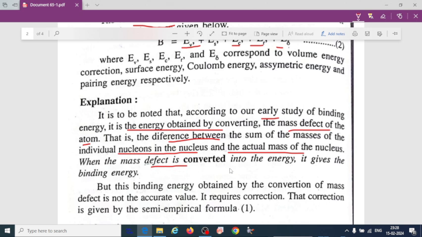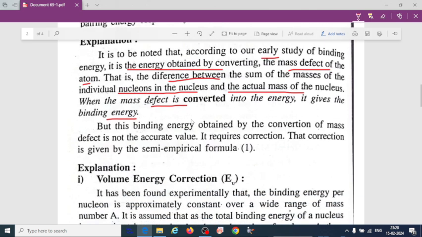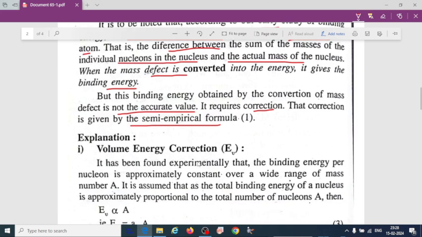When the mass defect is converted into energy, it gives binding energy. For that we are finding the correction terms here. The binding energy obtained by conversion of mass defect is not an accurate value. That's why it requires correction terms, which are given by the semi-empirical mass formula.